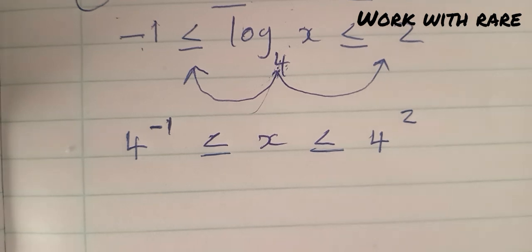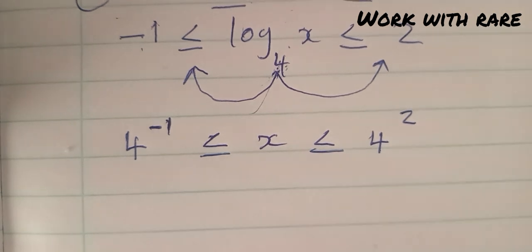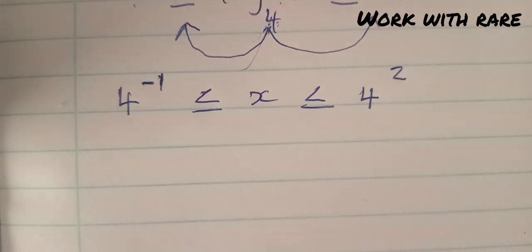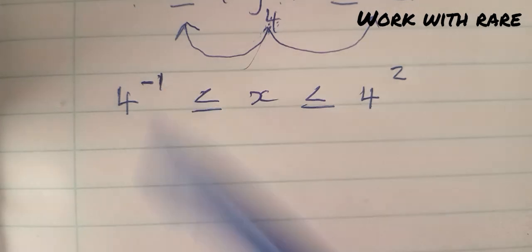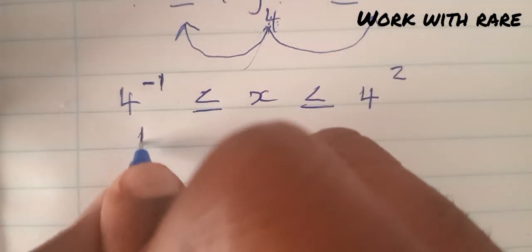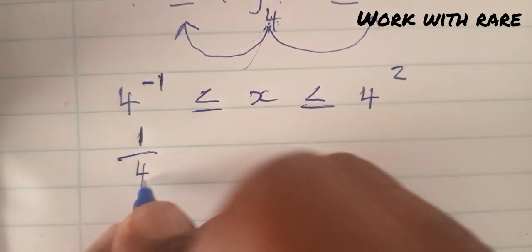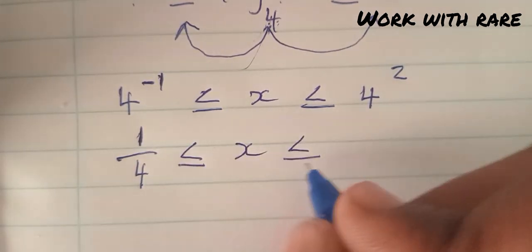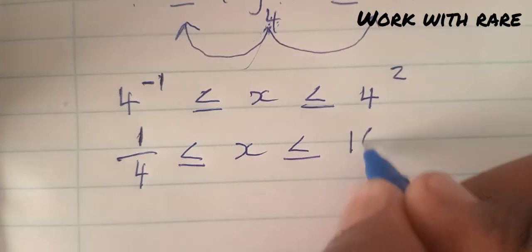Now I can write my final answers. 4 to the exponent negative 1 will be a fraction because of this negative exponent, so it's 1 over 4, and 4 to the exponent 2, we all know that it's 16.